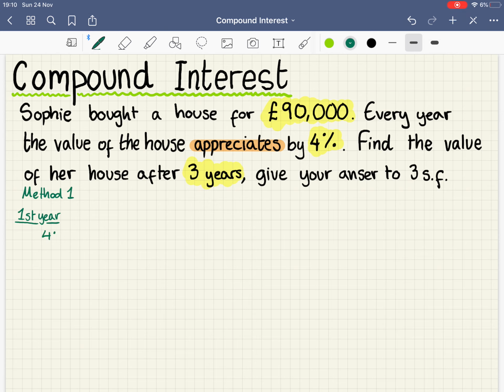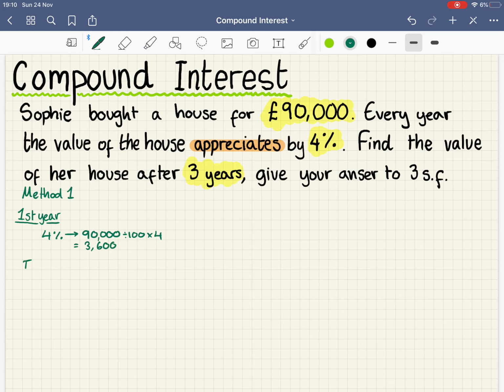So I need to firstly find what 4% of that 90,000 is. You can do it whatever method you want. There are tons of ways to calculate a percentage, and a nice, easy, straightforward way is divide by 100 times by whatever the percentage is. The calculator will come up with 3,600.